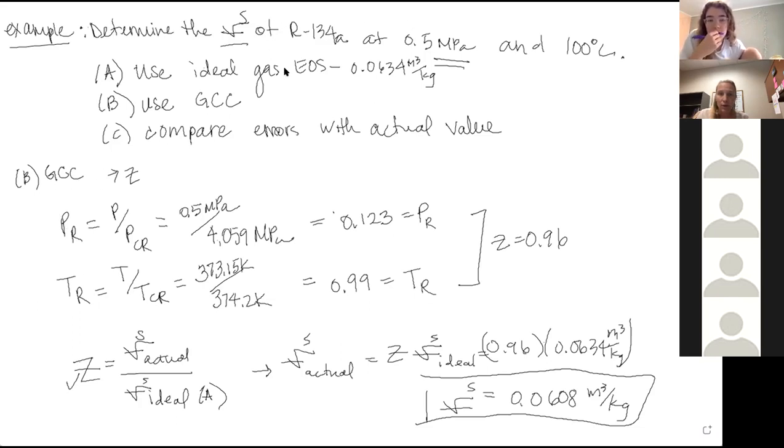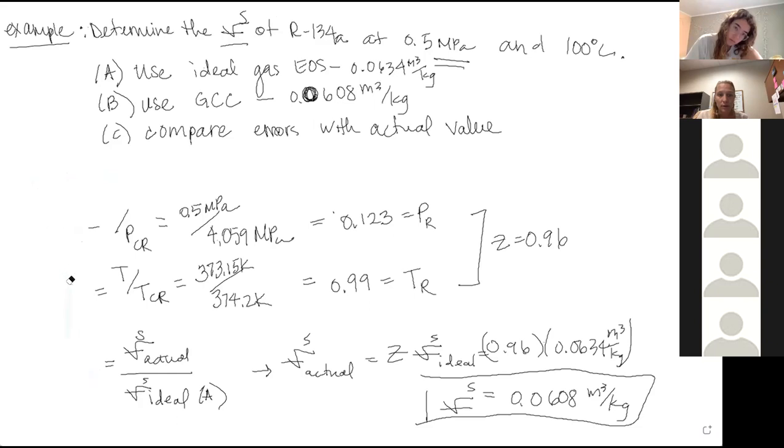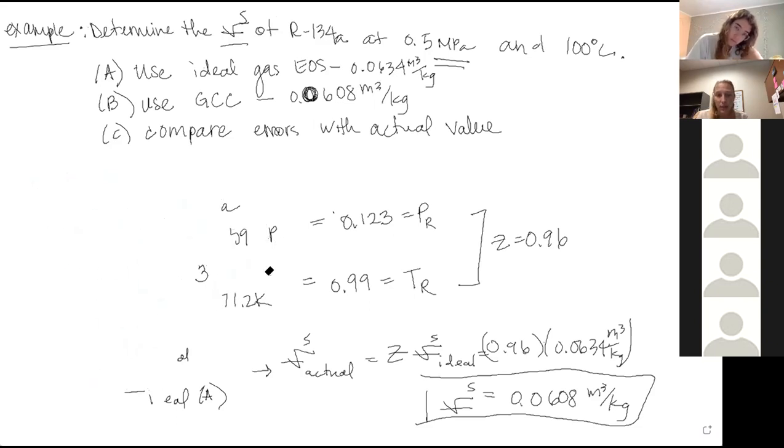So now we know that our actual value using the generalized compressibility chart is 0.0608 cubic meter per kilogram. And then we're going to find the error. So which of these is the more right answer when we look up the correct answer?